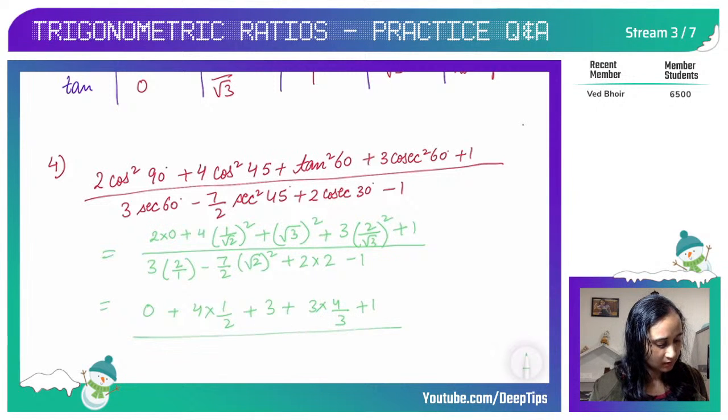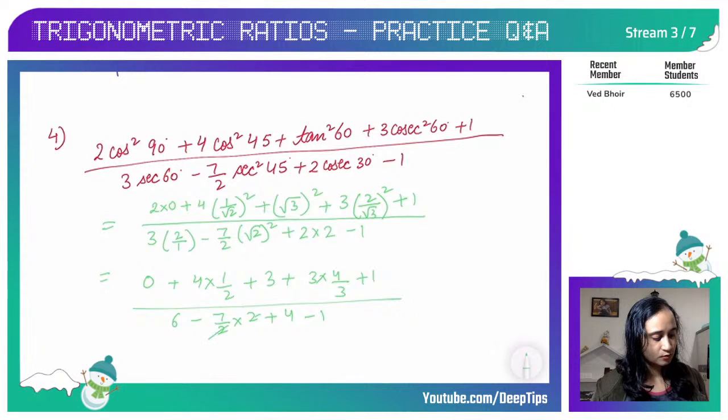Now if you look here, this is 3 into 2, that gives me 6, minus 7 by 2 into 2, plus 4 minus 1. Now these 2's get cancelled, correct? And here 2 2's are 4. These 3's also get cancelled.